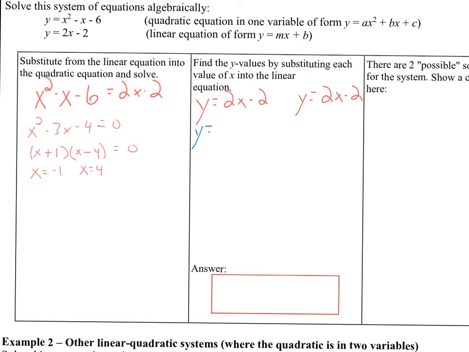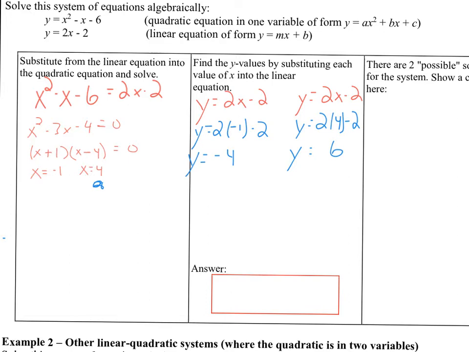The first one is 2 times -1 minus 2. That gives me -4. The next one is y equals 2 times this 4 right here. So 2 times 4 minus 2. So y equals 6. That gets you 3 points on a Regents exam.